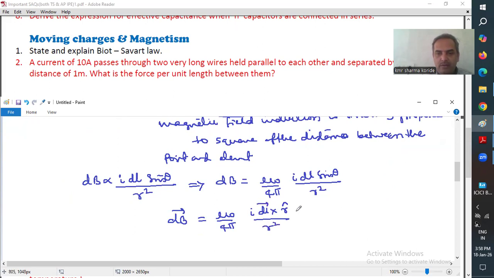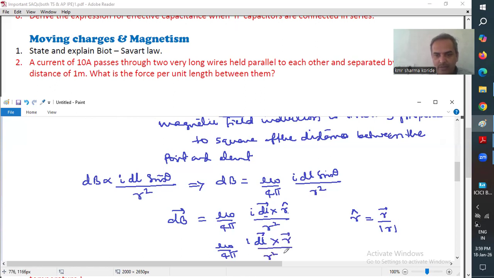So therefore, it is a cross product between two vectors, dl and the unit vector. You all know that a unit vector can be expressed as the vector divided by its magnitude. In such a case, you can write mu naught by 4 pi I dl, and in place of r cap, you can write r bar by r mod.